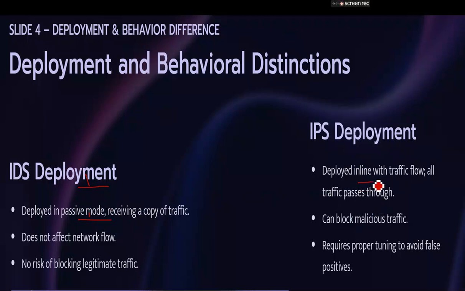For example, any traffic comes in, like the firewall is there, and IDS in passive mode will only give alerts. For IPS, it will block it. It is in inline mode. If it is inline, it will block. If it is in passive mode, it will just give logs and alerts.